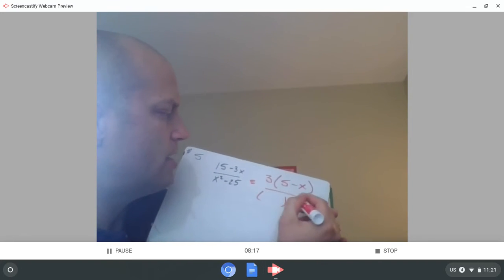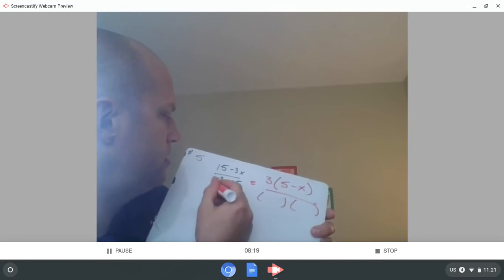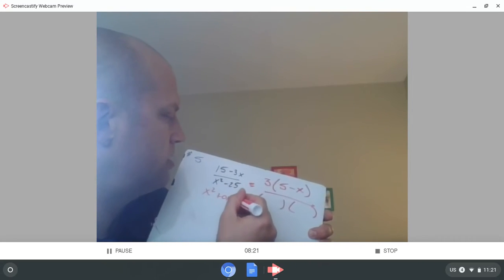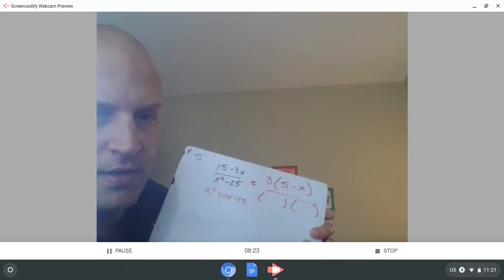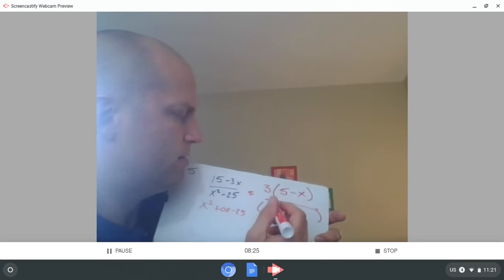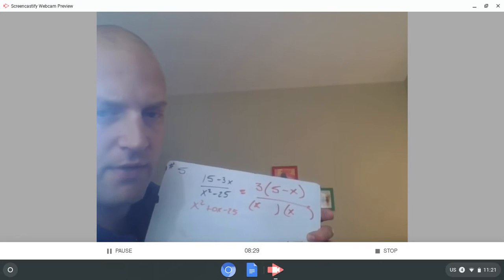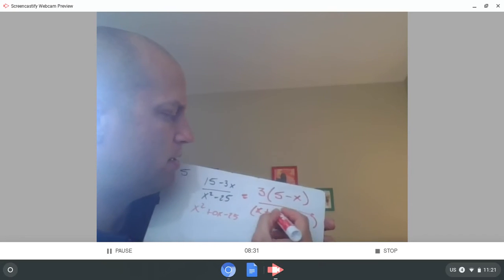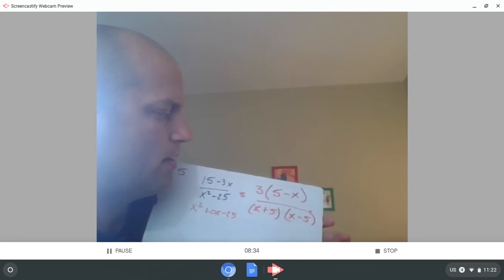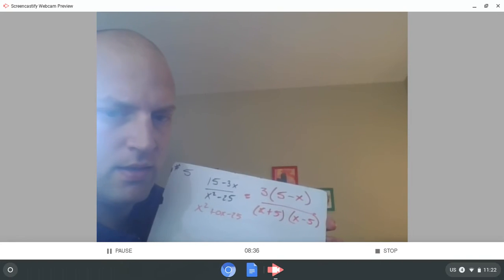So I factor that, okay? The idea is this is like x squared plus 0x minus 25, okay? Factors, x and x. Factors of negative 25 that add up to 0. One's a plus 5 and one's a minus 5, okay?